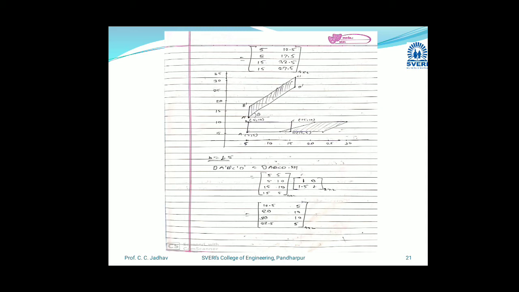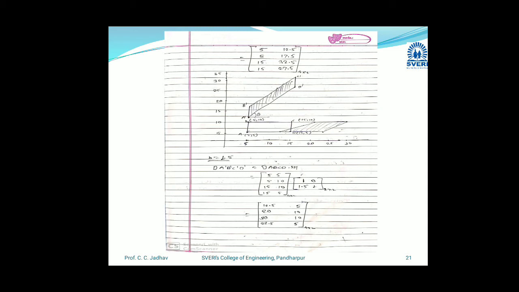Now we have to draw the graph for this question. First we draw the original square ABCD with coordinates 5, 5, 5, 10, 15, 10, 15, 5.